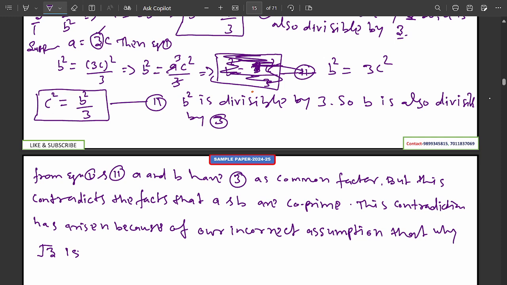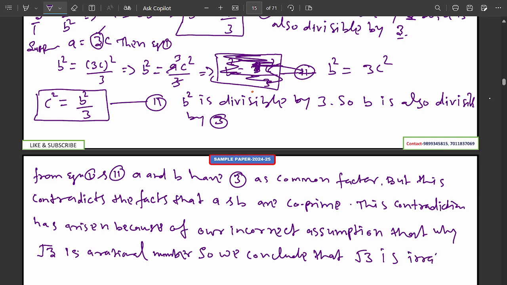So we conclude that root 3 is irrational.